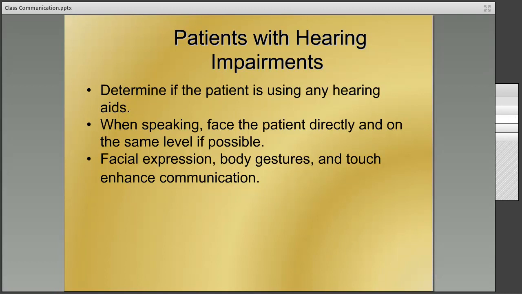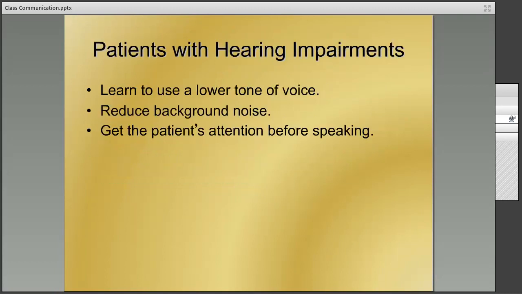And you might need to write the instructions for them, because they are the ones hearing impaired. Most hearing impaired do have oral communication, but again, it really depends on that individual. So they might need paper and pencil, and you will need paper and pencil if they cannot hear you, so that you can communicate your instructions.